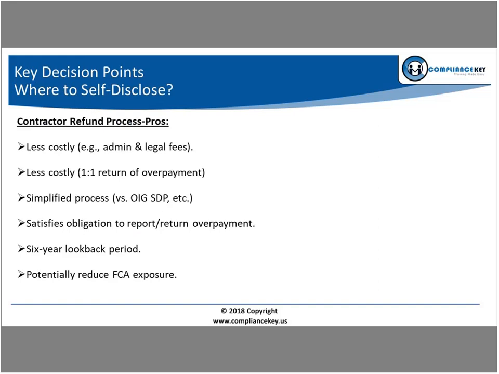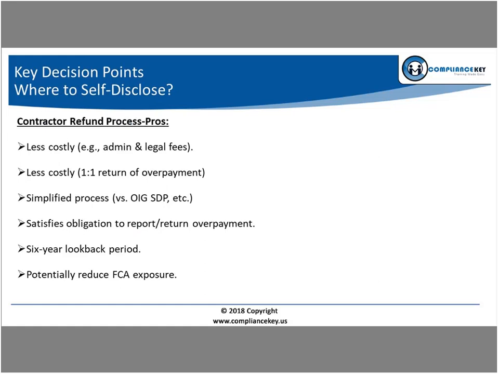When we're talking about just refunding to the contractors under the 60-day overpayment rule, these are, generally speaking, going to be less costly. You're going to have administrative fees and legal fees involved in resolving the issue, but it's a less costly return on the overpayment. It's essentially a dollar to a dollar repayment formula.